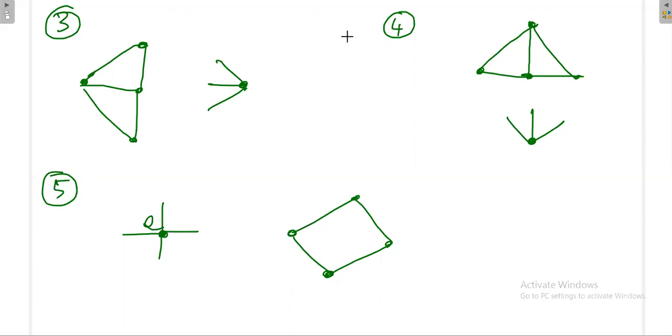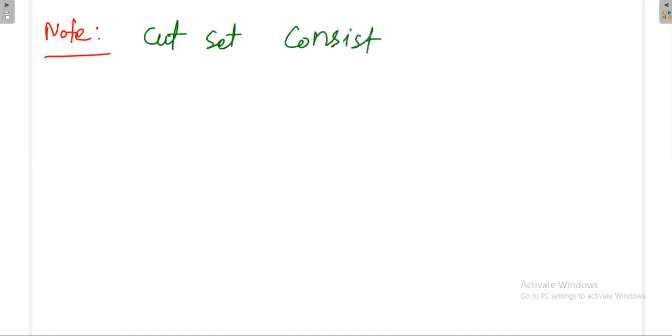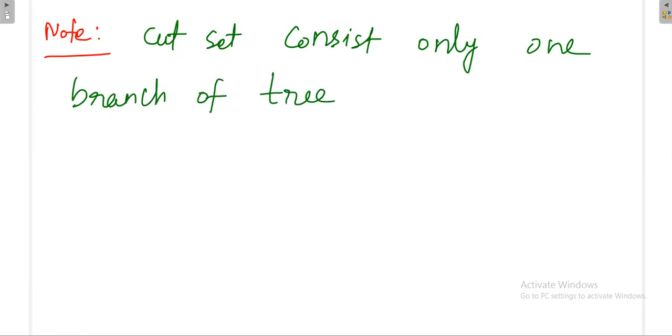This is another important definition given there. So again, they are putting one restriction here.